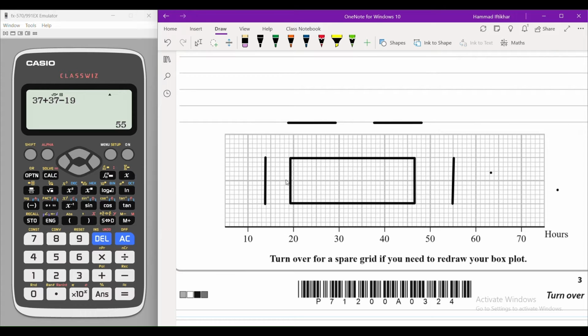So this is somewhere over here, and this is 37 right over here. So the tail will be this way.